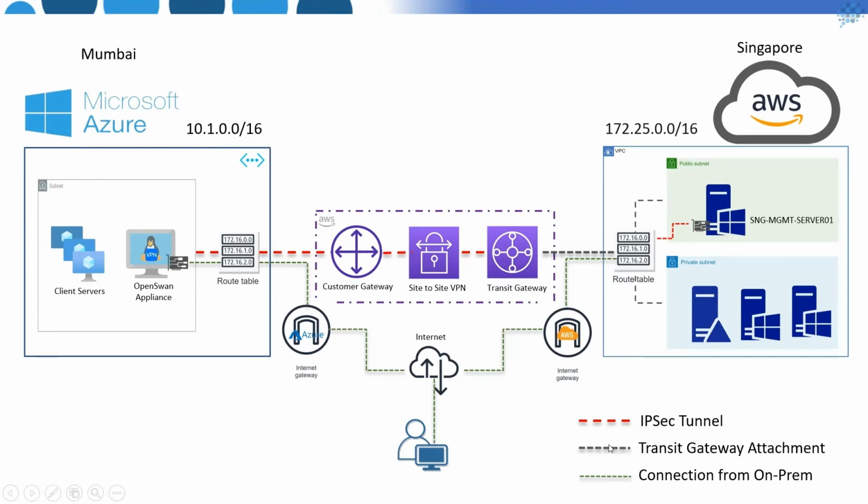I have shown it in a different color to differentiate where the IPSec tunnel will be terminated, and from where the network flows through the normal router. The transit gateway attachment is where it terminates at the route table of the VPC, and the connection I've shown is over the internet. All right, let's get to it.